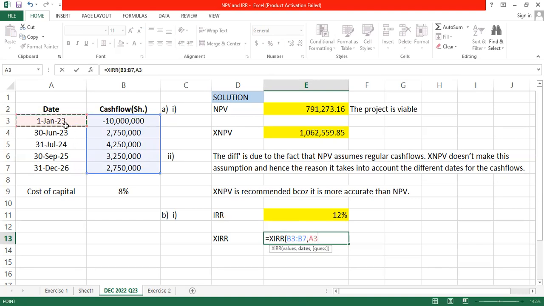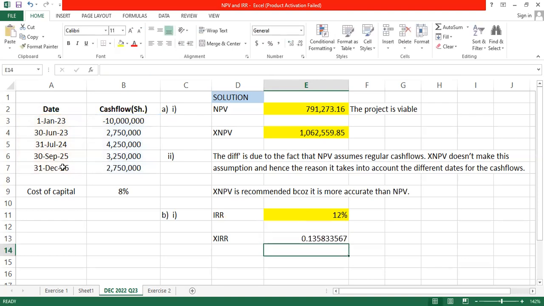Because we now factor in the dates, pick the dates from the first to the last, highlight, close the bracket. What you get is 0.1358 as a percent. That's about 14%.